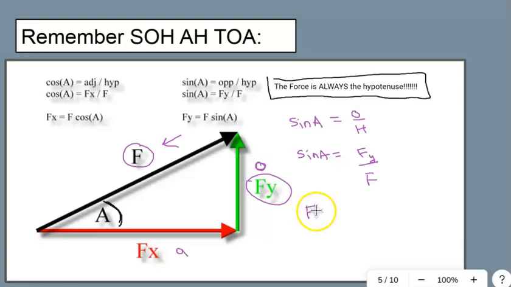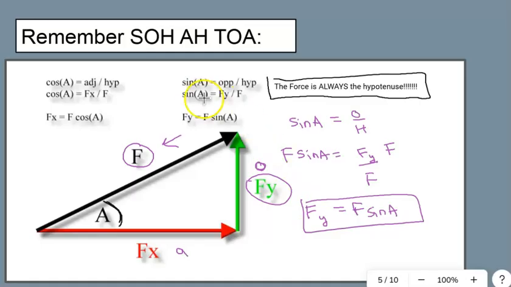So we're going to solve this for Fy. We're going to multiply both sides by F, and Fy is F sine of A. Okay, that's what they're doing here. And then you could do the same thing for cosine, and then solve that for Fx.